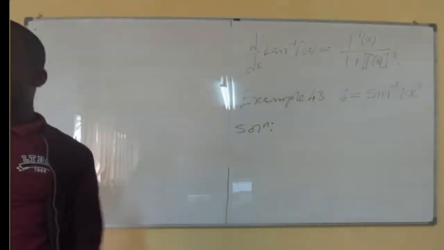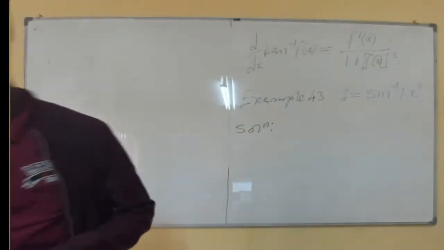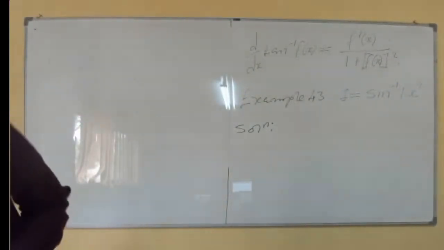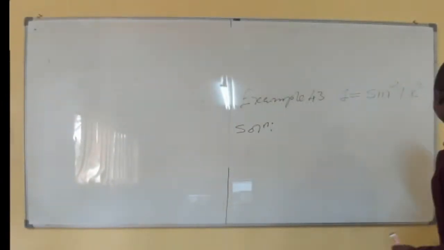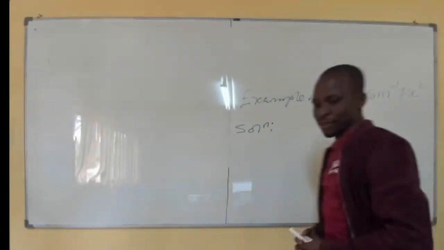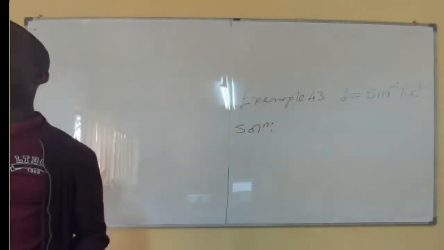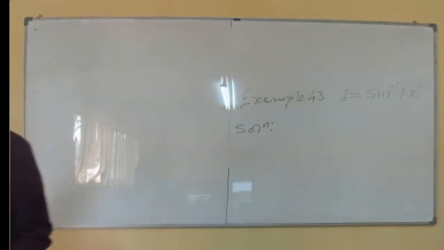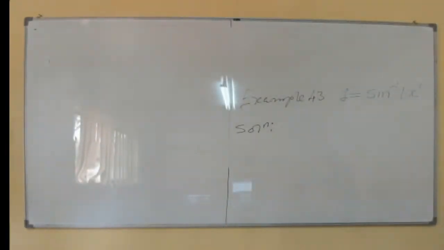Okay, so let's look at that question, which says that we wish to find the derivative of the sine inverse of 7x squared. This is the kind of derivative that we wish to find. Now, the procedure for doing that is as follows.